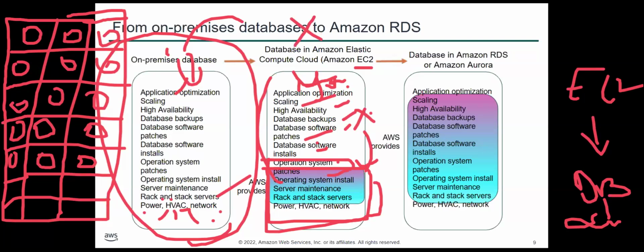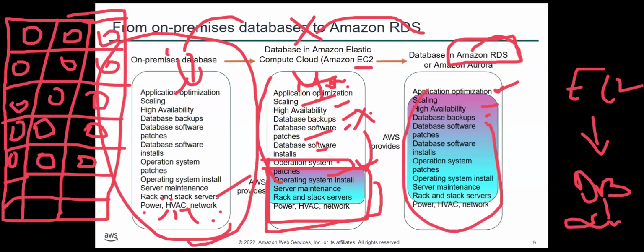Now I don't want to do this also. Then I'll go directly for Amazon RDS or Amazon Aurora. In RDS, we have Aurora also, the other type. Here you can see you focus only on your application optimization. The scaling, availability, backup, and patches, everything will be managed by AWS itself.